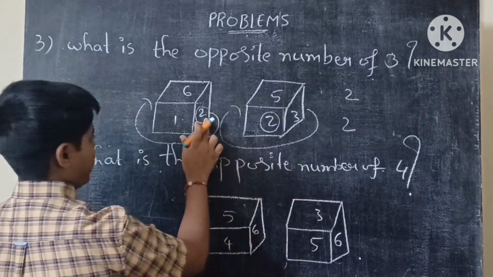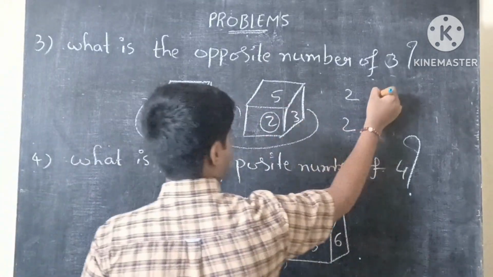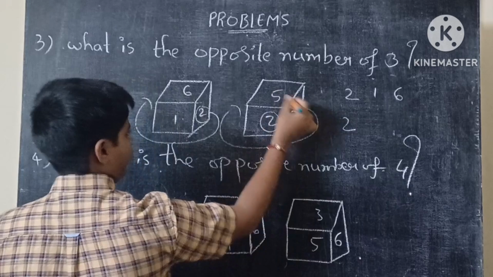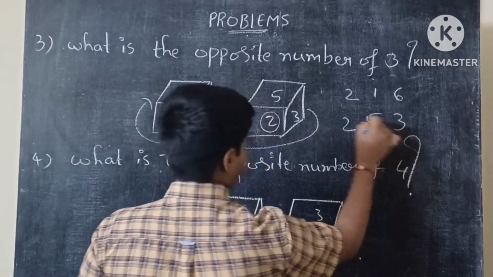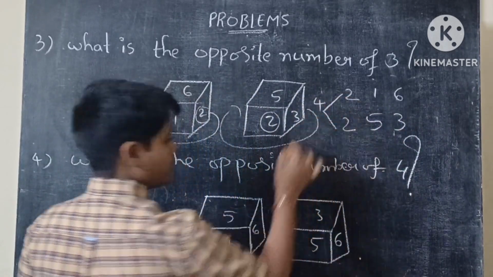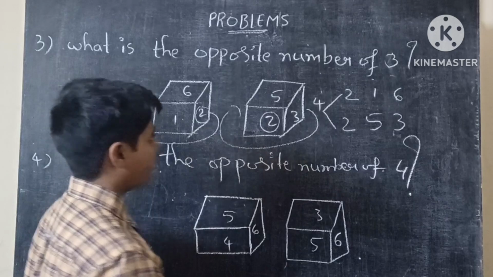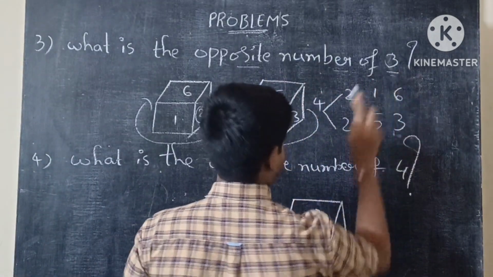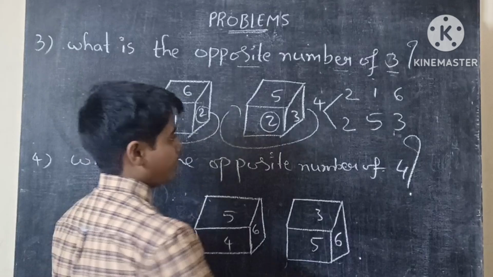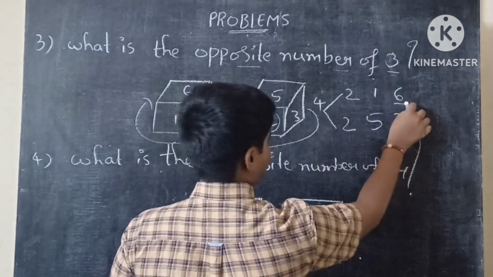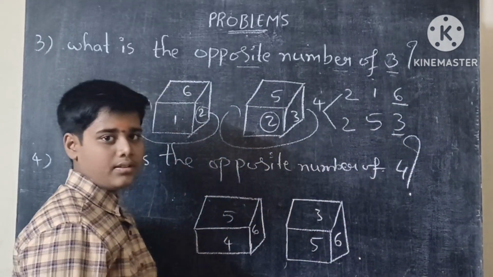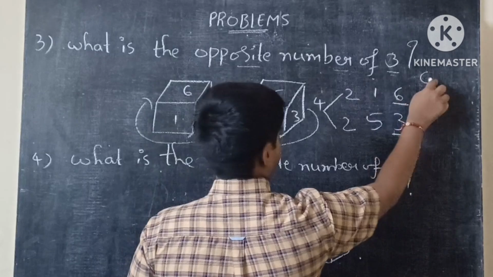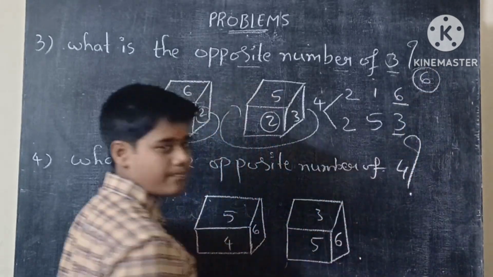In the first dice, 2, 1, 6 and 2, 5, 3, and the remaining number is 4. Like this we have to write. They are asking, what is the opposite number of 3? Here this is 3 and the opposite number is 6. So 6 is the answer for this question.